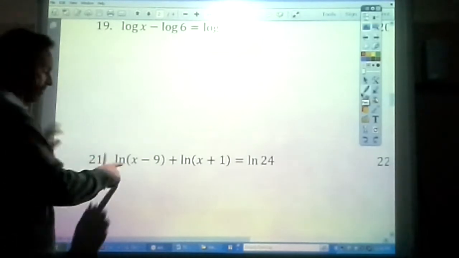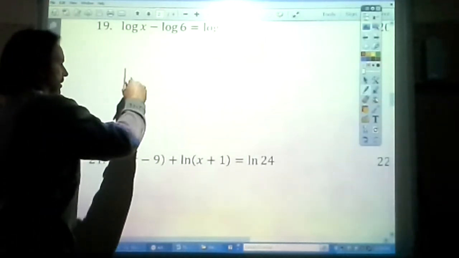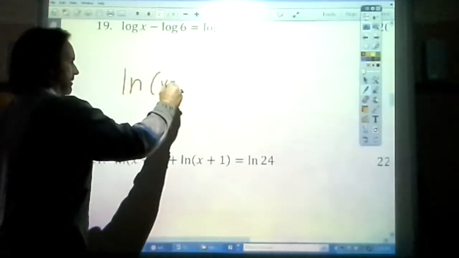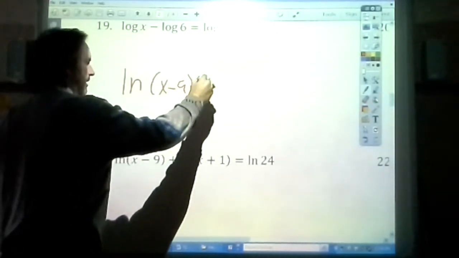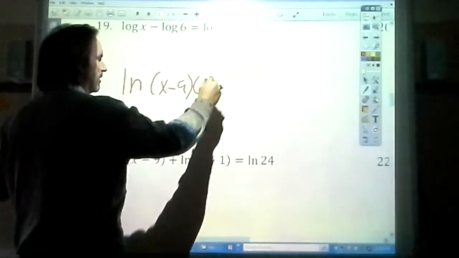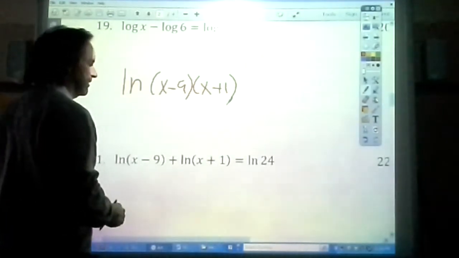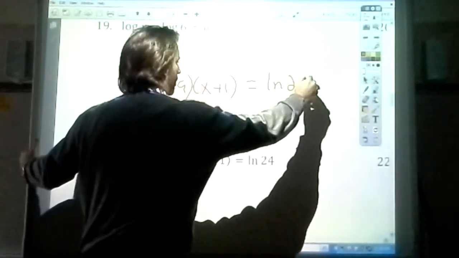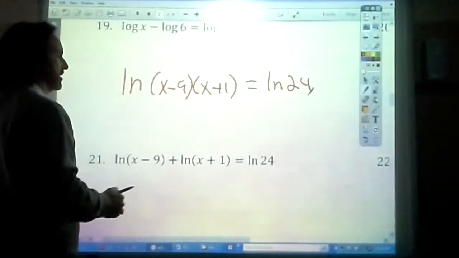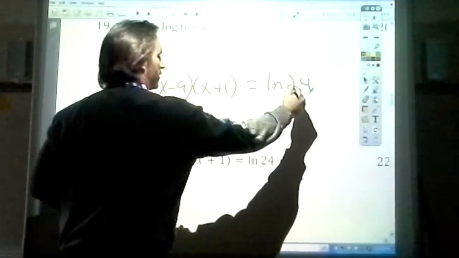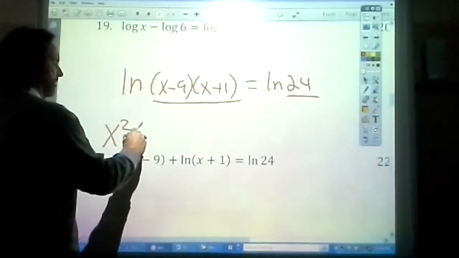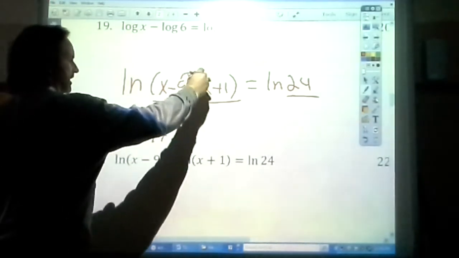So in this case, we rewrite addition to be the log of this times this, x minus 9 times x plus 1 equals the log of 24. And basically, this is going to equal 24. So that's x squared minus 9x, that's my inner.